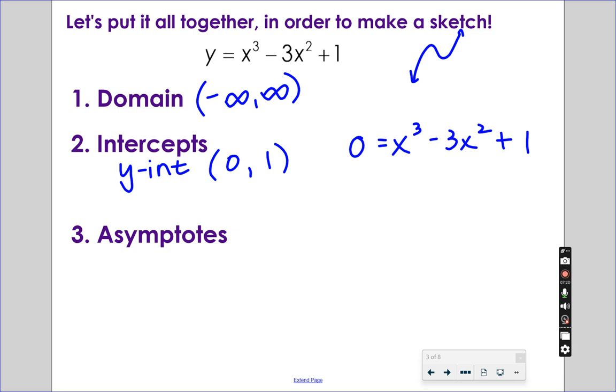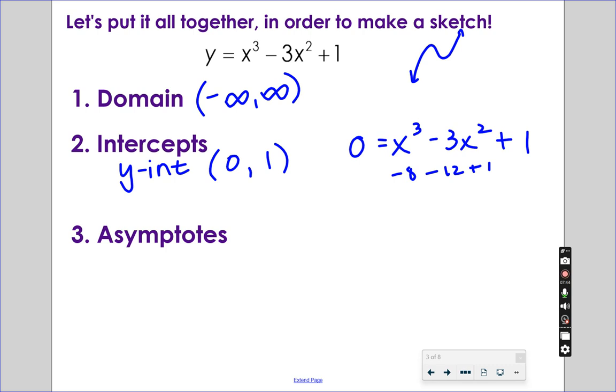Let's see, -2 cubed would be -8. And then -2 squared is 4 times -3 is -12. Nope, not gonna give me 0. Did -1 work? No. Okay, so I'm not gonna ask you to find an x-intercept if it's not something that's factorable or one of those 5 numbers, so we're gonna skip it and move on.